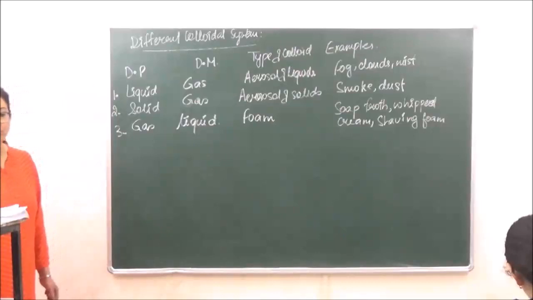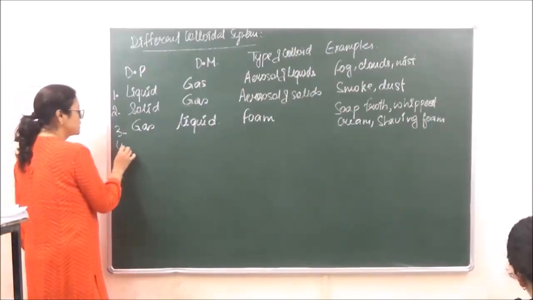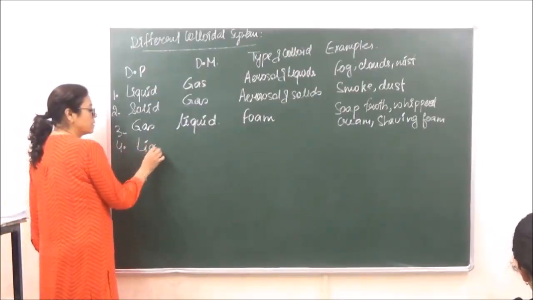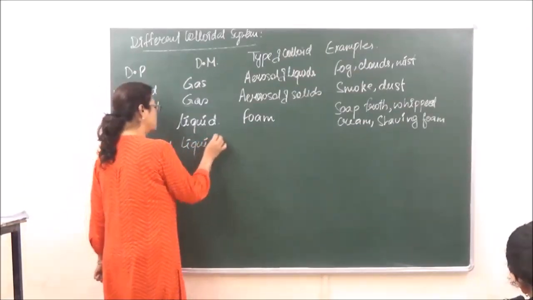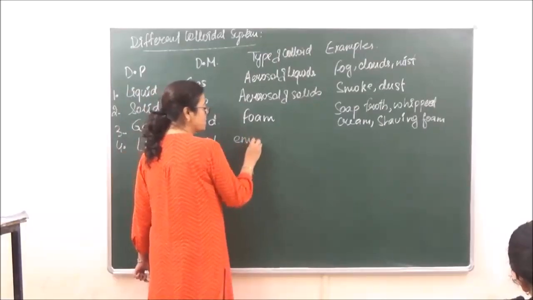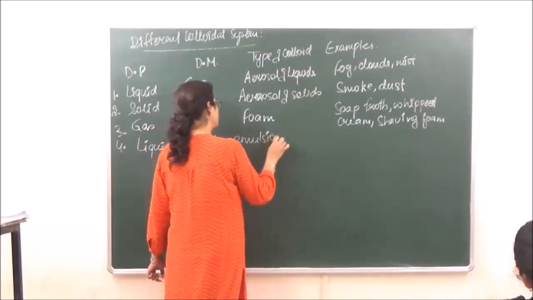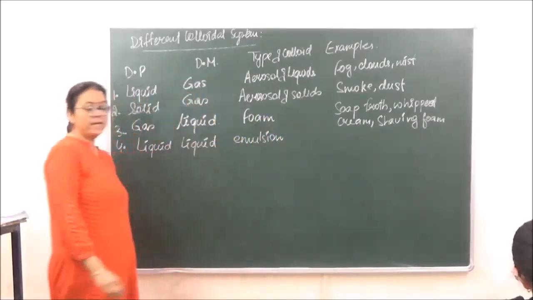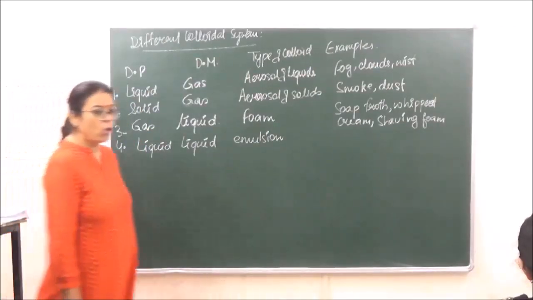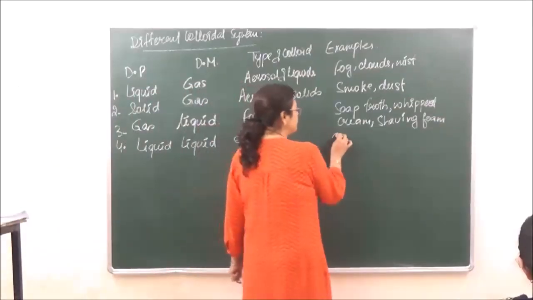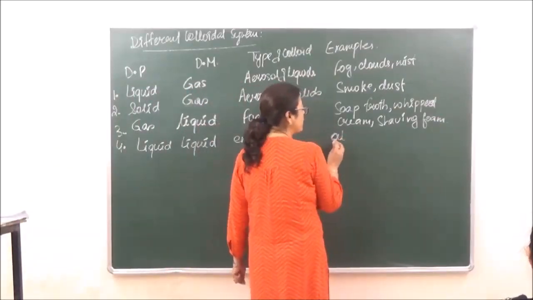Then the next one, fourth, we are going to take liquid in liquid. This is known as emulsion, right? The most common example which we can take over here is milk.